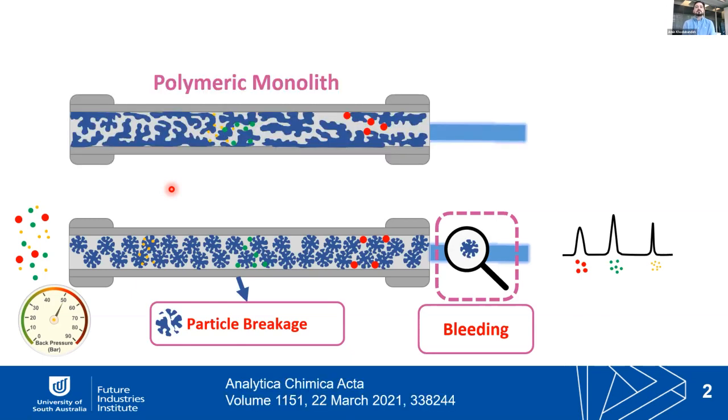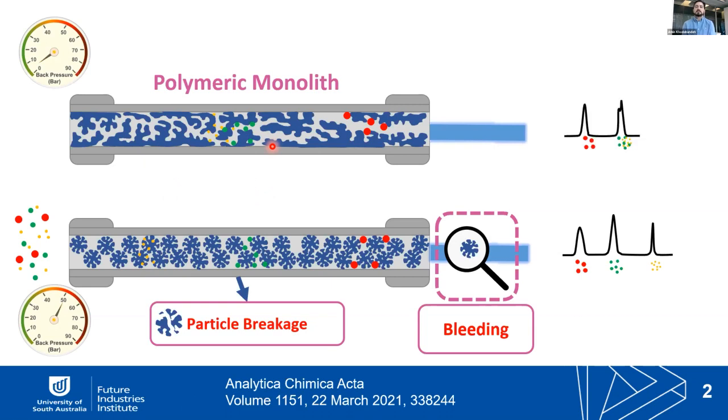Our group has studied polymeric monoliths for a long time, and recently we reviewed the work on how polymeric monoliths can be used as an alternative method for preparation of SEC columns. The good thing here is that the back pressure is low because of the flow-through pores.